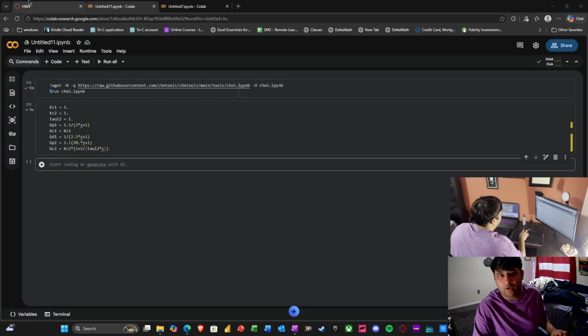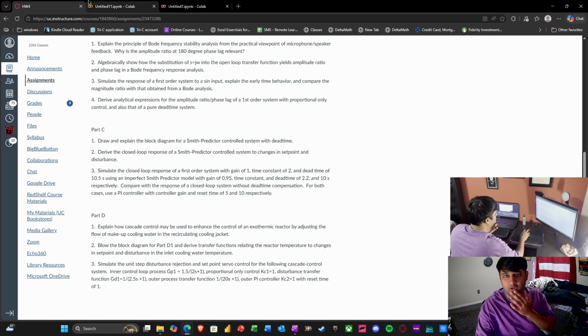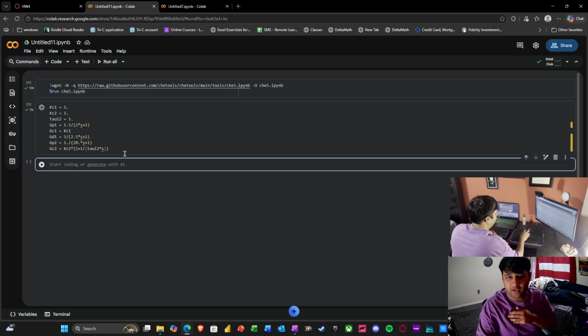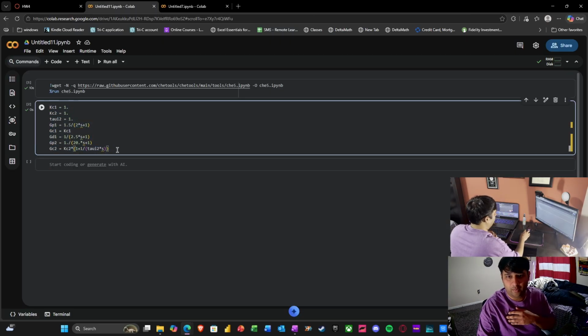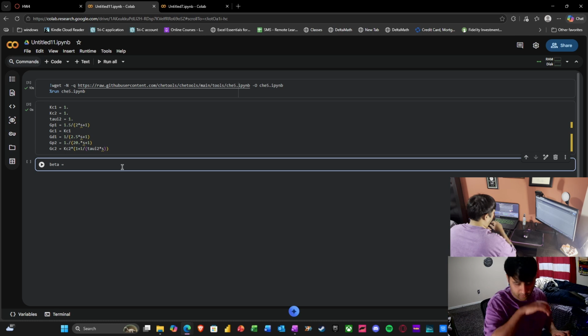Okay, so now for the coding section, I'm going to simulate the unit step disturbance rejection and set point servo control for the following cascade control system. So I've already got our values that we need that have already been described. So to start, we're going to find our beta and alpha and put it in the code that we already found.